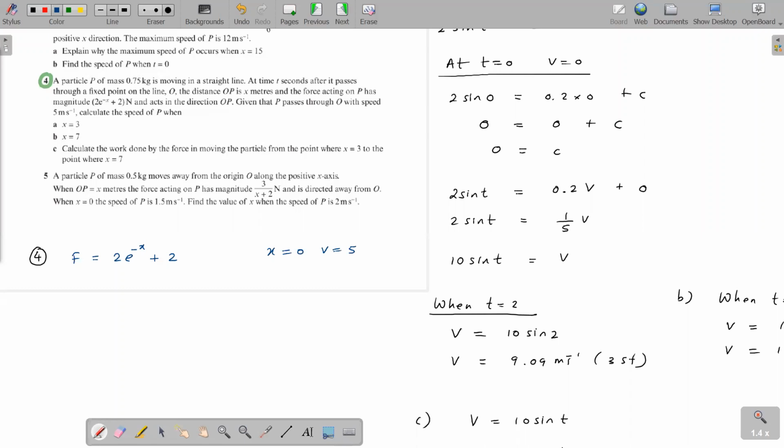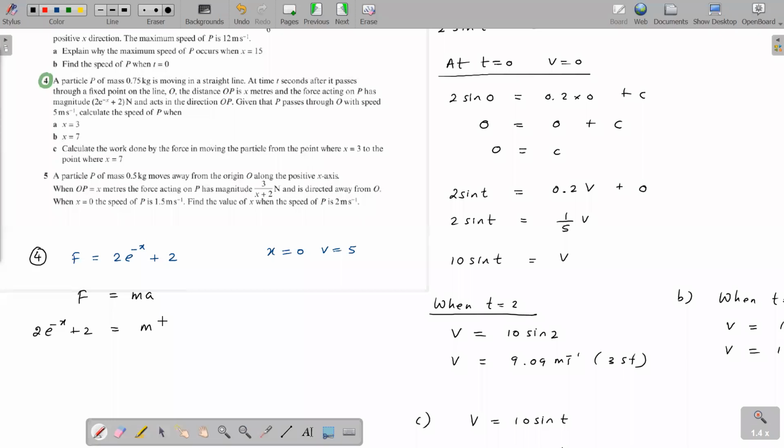So first thing we should do here is go for the equation. We have to get the speed equation, the velocity, and then we'll go for the displacement. F equals ma, so force is 2e to the power minus x plus 2. If your force is a function of displacement, then for acceleration, what do we use here? Can we use dv over dt?